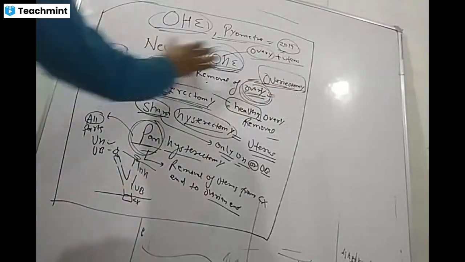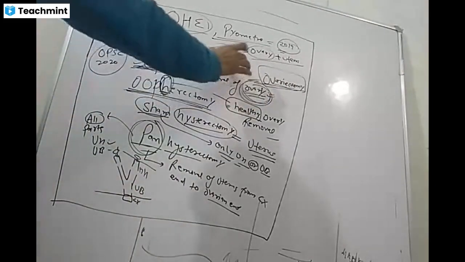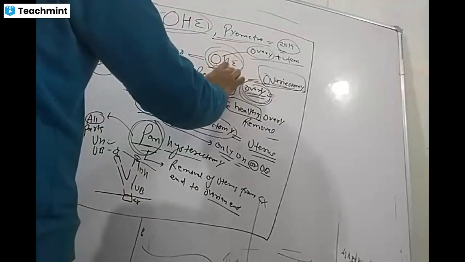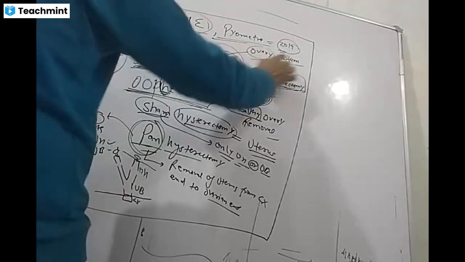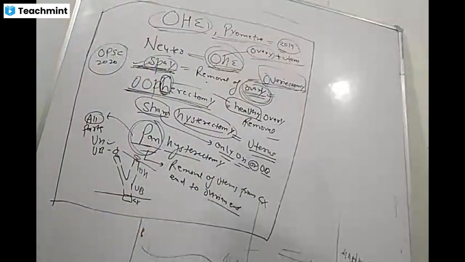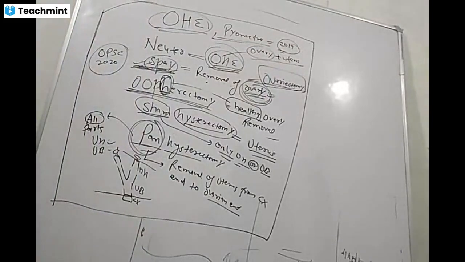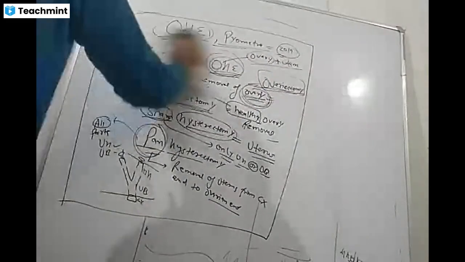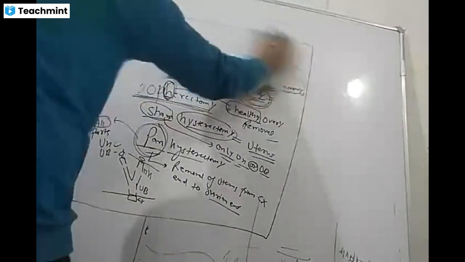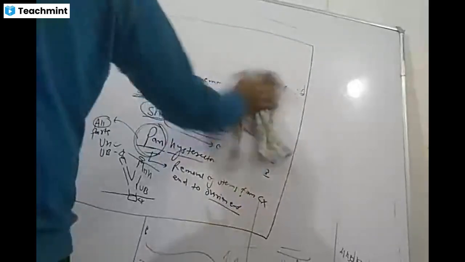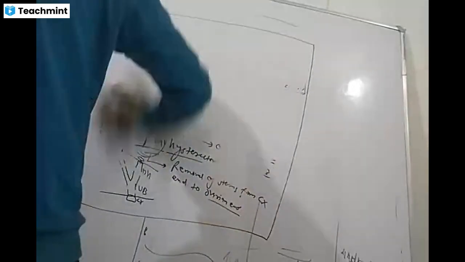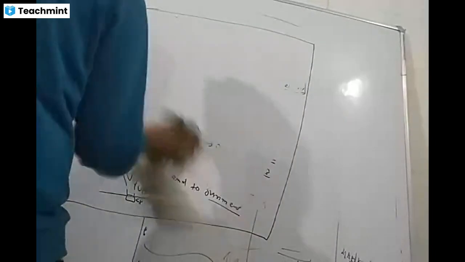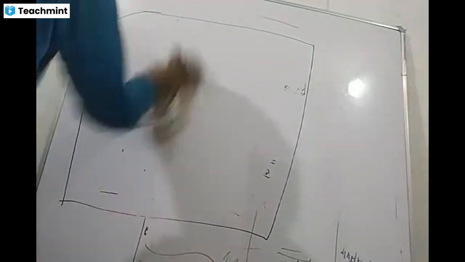And the term neuter means ovary hysterectomy, that is removal of O and H. O is ovary, H is uterus. From this basic terminology, one MCQ was asked: what is spaying? That is removal of the ovaries.